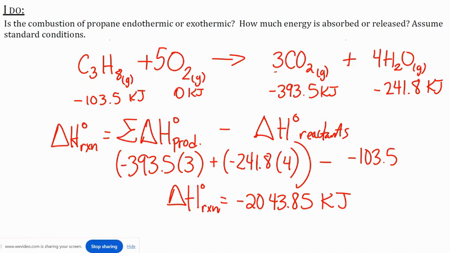All right, see if you can do the next one. Although you may not be able to. Well, you should be able to at least get the first part done, right? So figure out the delta H for that reaction, and then I'll show you how to do the next part. I'll do the 7 grams with you, okay?